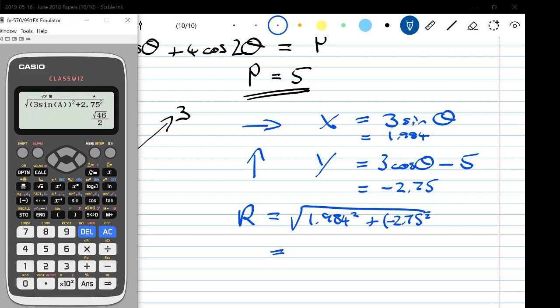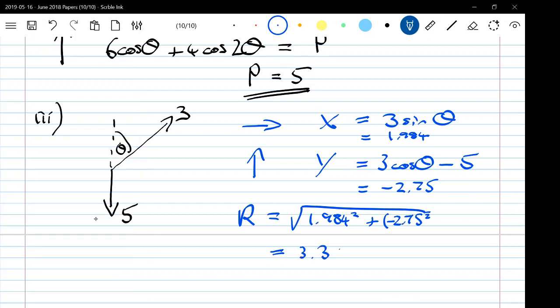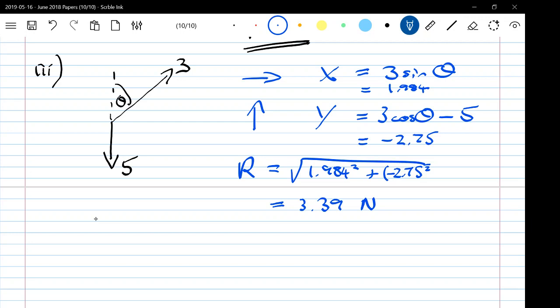That's the other one. And that gives me root 46 over 2, which is 3.39 newtons.